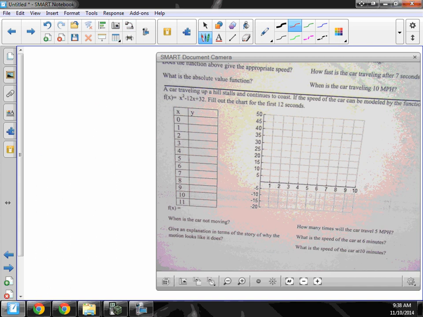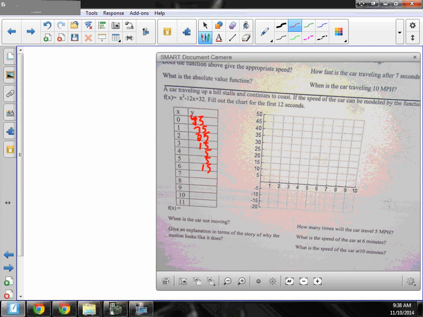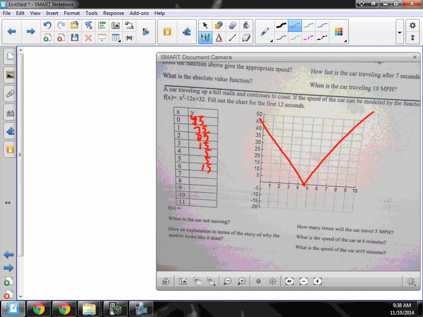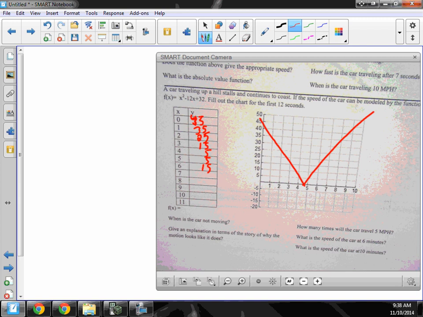So this is going to be 45, 35, 25, 15, 5, 5, 15, and back up. So if I draw this graph, it's going to look like this. When is the car not moving? 4.5 seconds, it's not moving.